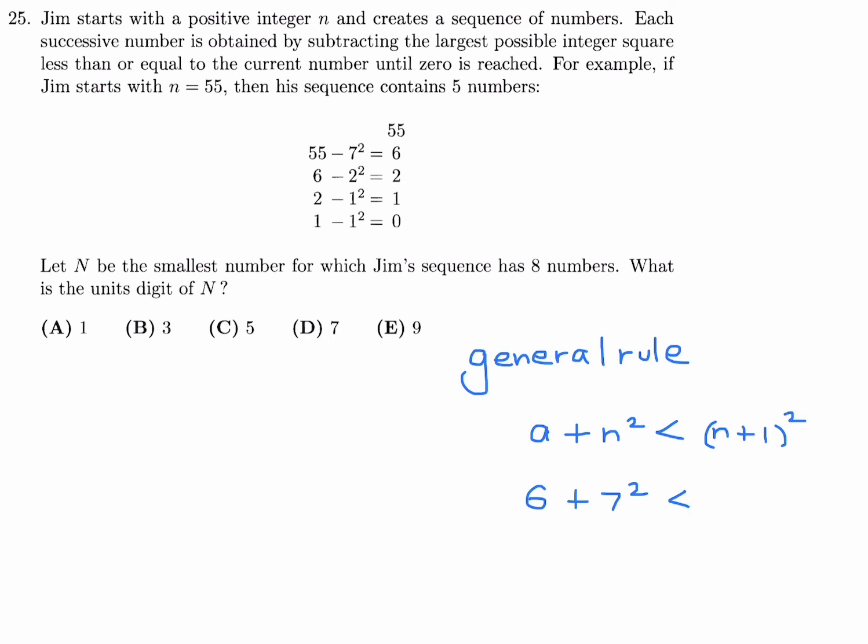And when we did, you got 49 plus 6, which is 55. And 55 is less than n plus 1 squared, which would be 64. So that's the only way this can work. So we have to apply this general rule, but we have to go in reverse. And that will allow us to figure this out.